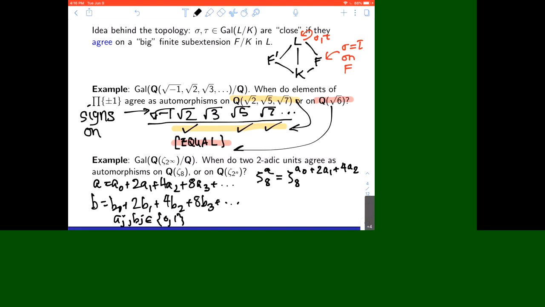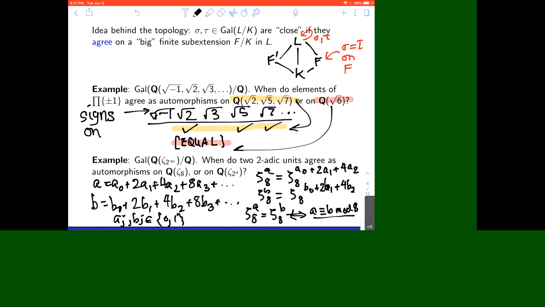And so if you want behavior on Q adjoin zeta 8 to be the same, you need those exponents to be the same mod 8. You need A to be congruent to B mod 8, which basically means chop off everything after the 4A2 and 4B2 terms, and you're left with some ordinary numbers, and those have to be the same mod 8.